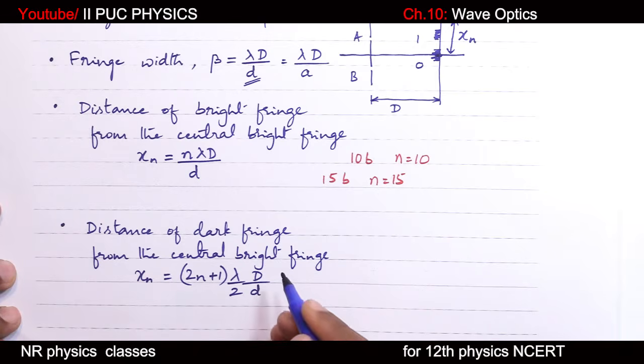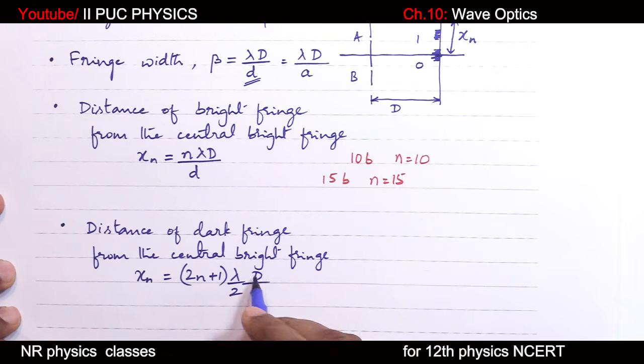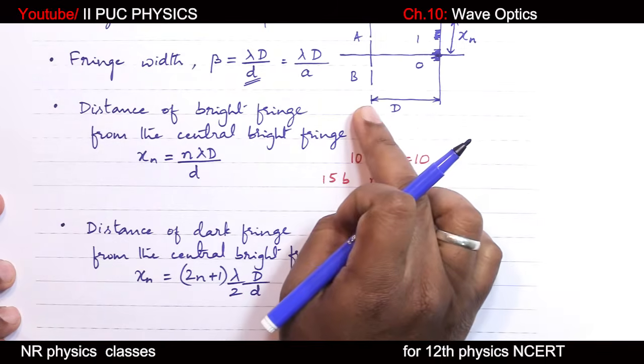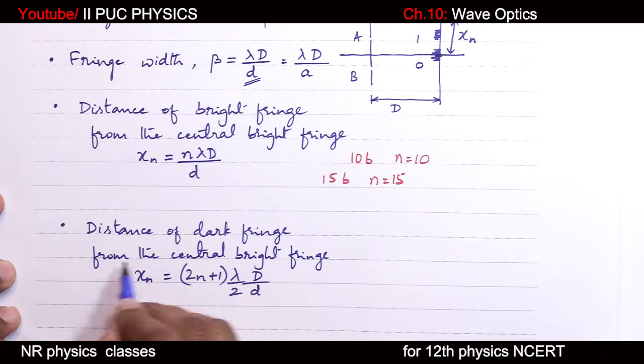Students, please say every time capital D by small d. If you simply say d by d, you may get confused when you are solving problems. It is always better to say capital D by small d. And please bear in mind, capital D is distance of the screen from the slits. So this is the expression for distance of dark fringe from the central.